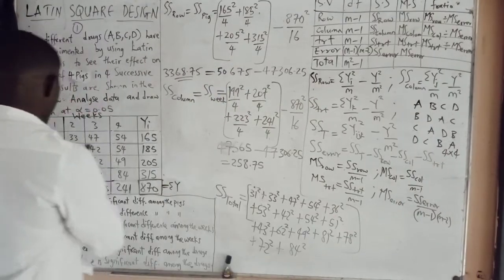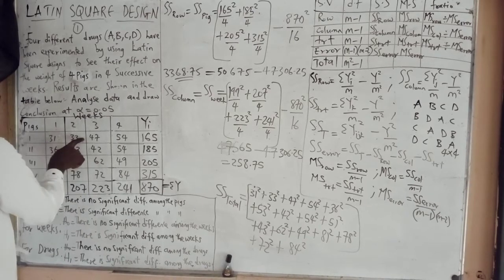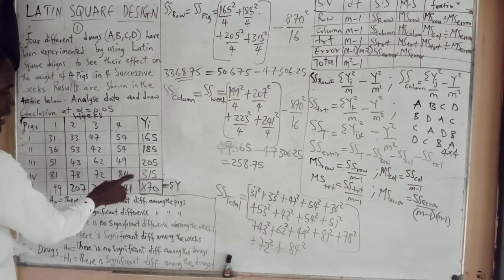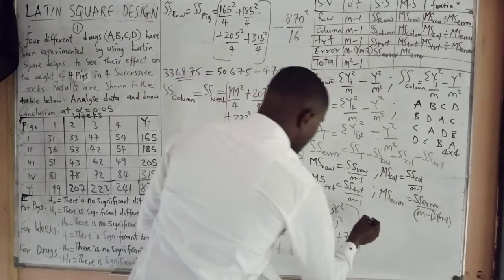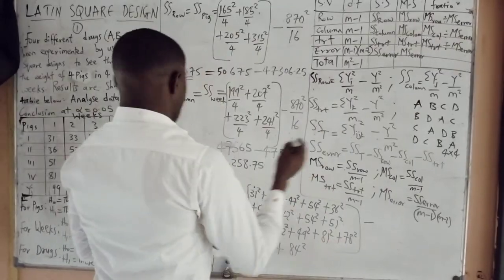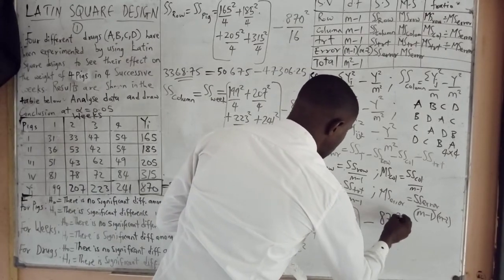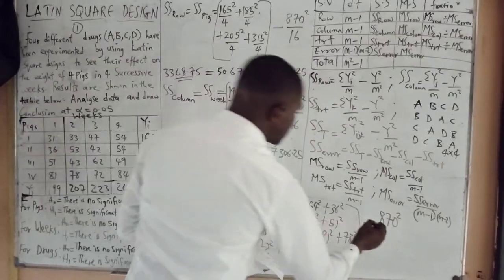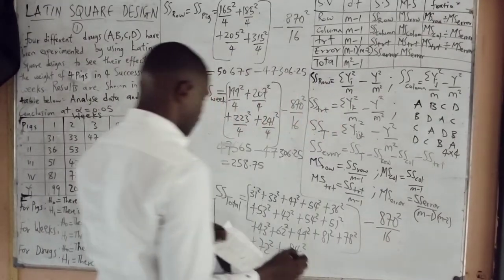So we have squared all of this. 31 squared. So you square this, square this, square this, and stop at the last one, 84. Then you now say minus, what is the total? 870 squared. 870 squared all over m squared, which is 16.